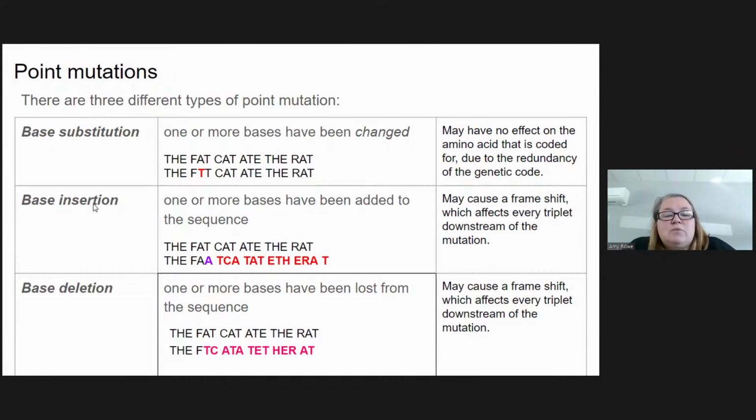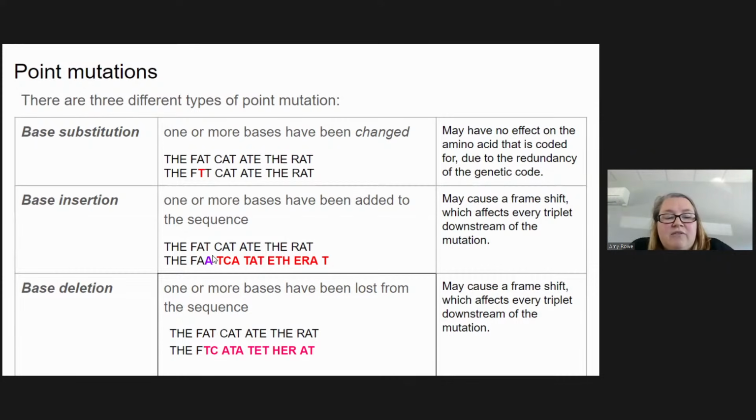Base insertions, this is where one or more bases have been added to our sequence. So again, our sequence is the fat cat ate the rat. If we had an extra A in there, after the first one, you would see that it corrupts or damages, changes the entire sequence after that point mutation.